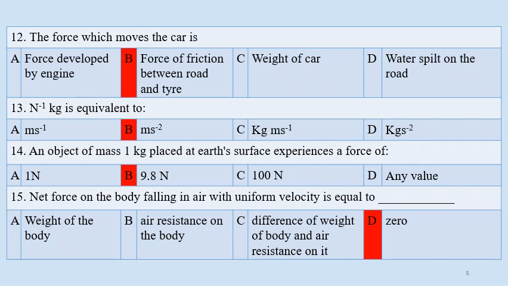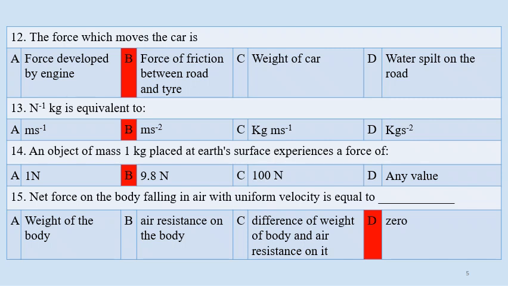Okay, next: Newton per kg is equivalent to meter per second square. How? As per the formula F is equal to ma, force is equal to Newton, mass is equal to kg, and acceleration is equal to meter per second square.